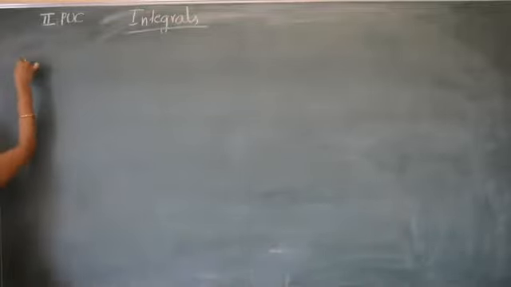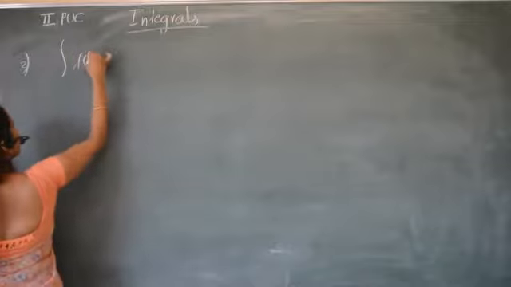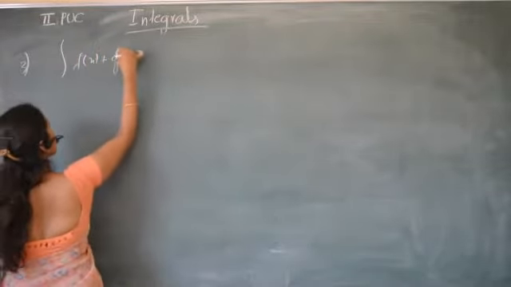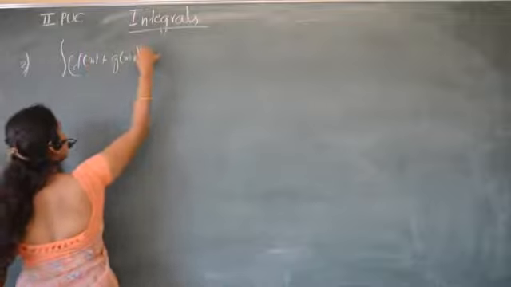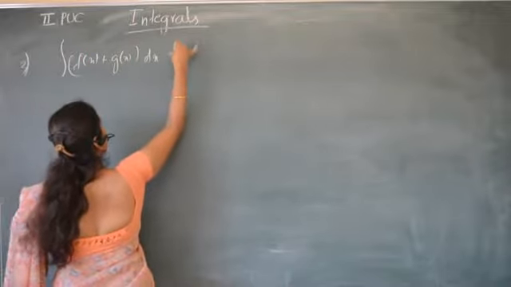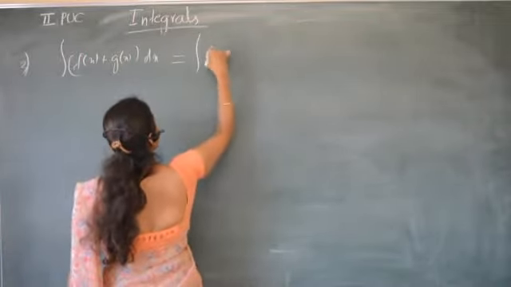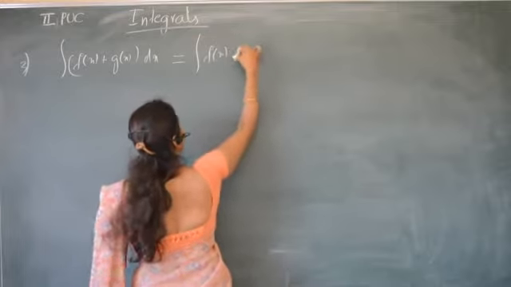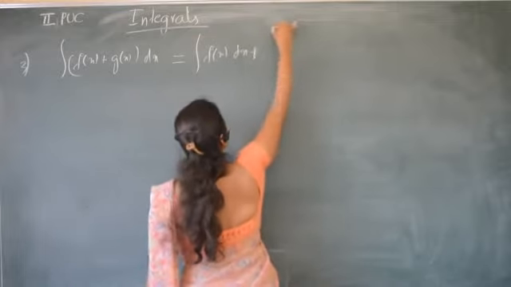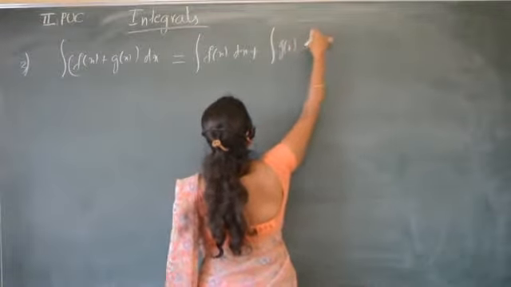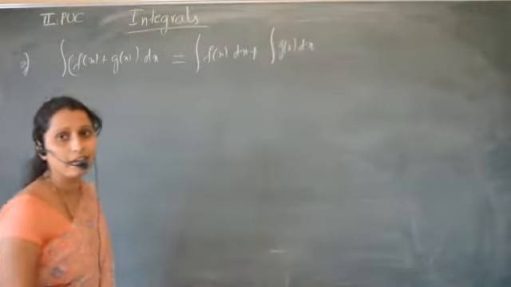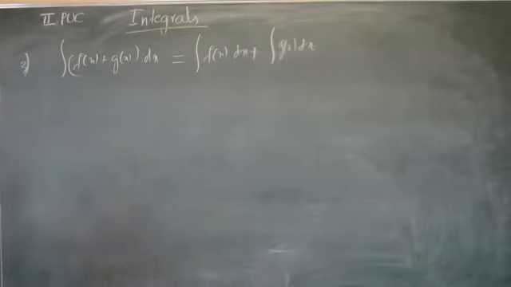Third property: the integral of f of x plus g of x dx can be written as the integral of f of x dx plus the integral of g of x dx, it can be separated. So we know from the first property that derivatives and integrals are inverse to each other.